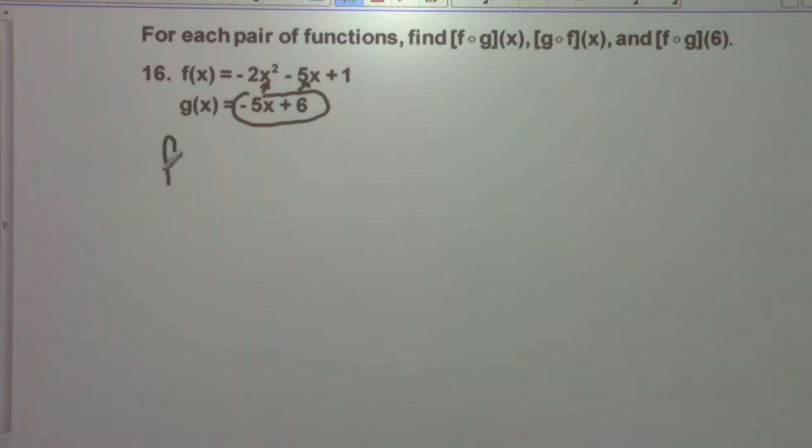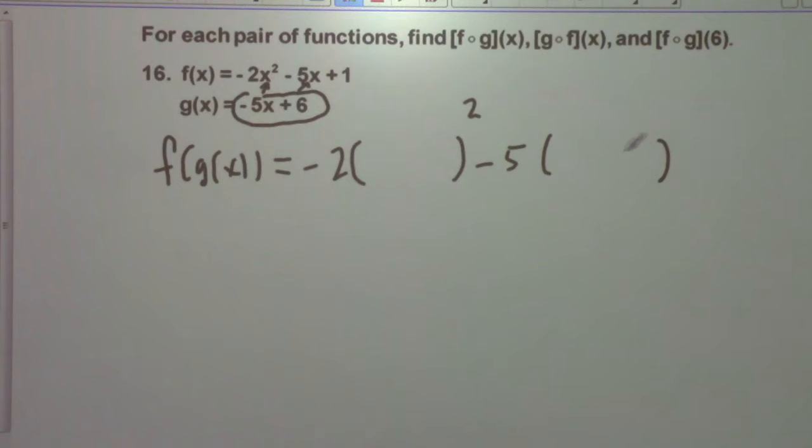So f of g of x, and I wrote the notation a little differently though, is going to be negative 2, and I'm going to leave this whole thing here squared, minus 5 times, I'm leaving this whole thing here for x, plus 1.